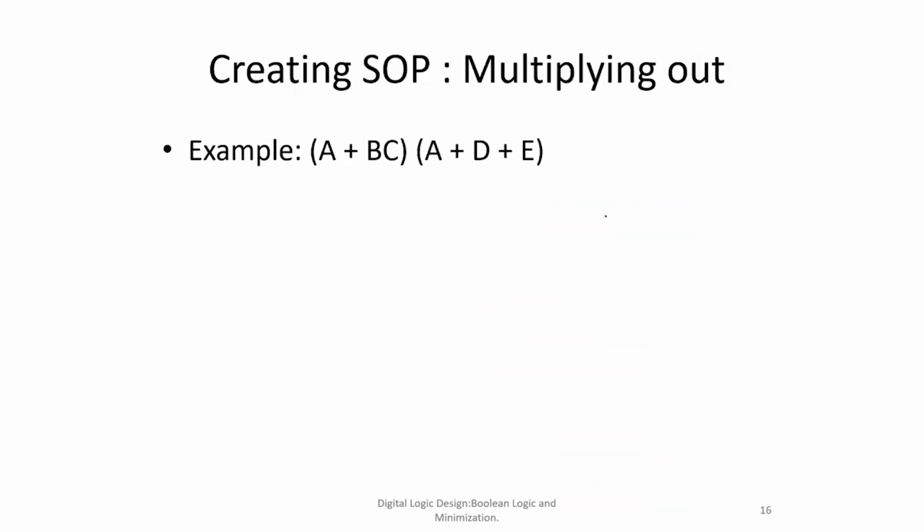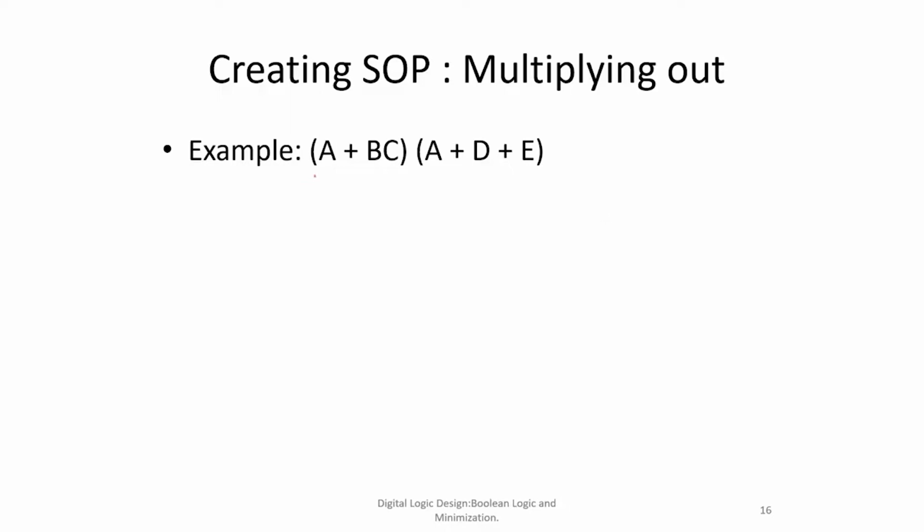So let us see how we create them. I'll take a couple of examples. So let's say I want to create sum of product. Creating sum of product is easy because it is in line with our regular algebra. Because multiplication is very similar to our regular algebra, we can use those things and simply say multiplying out.